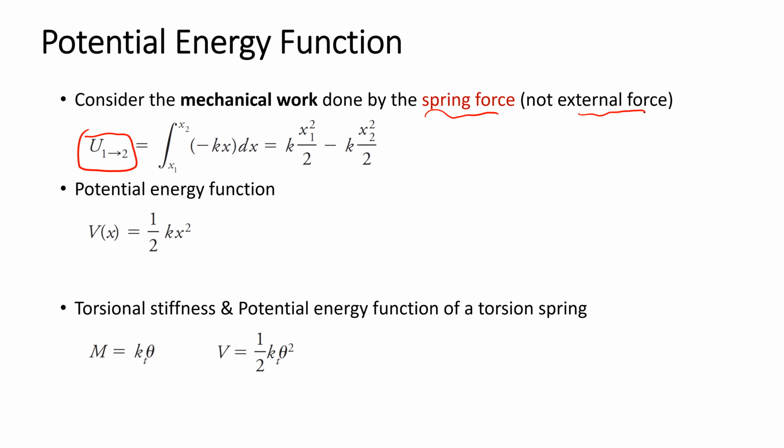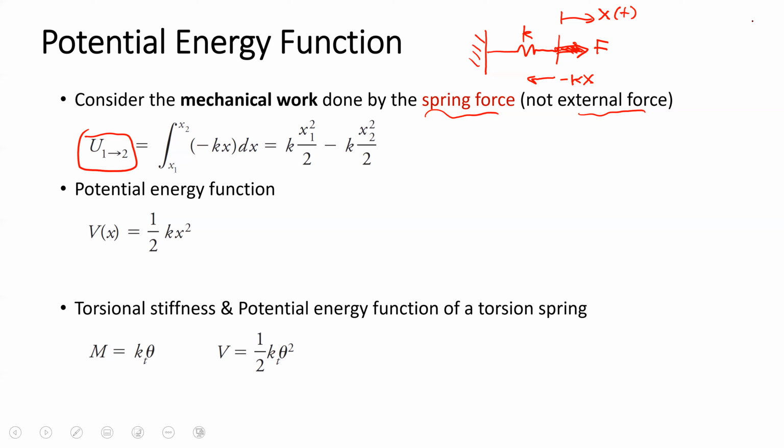So when we compute the work done by the spring, if we apply force to the right hand side, in the positive x direction, the spring force is going to be minus k x.